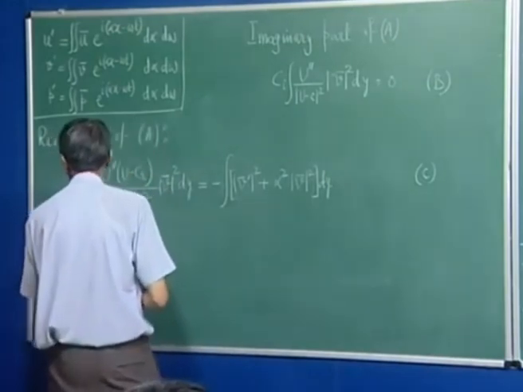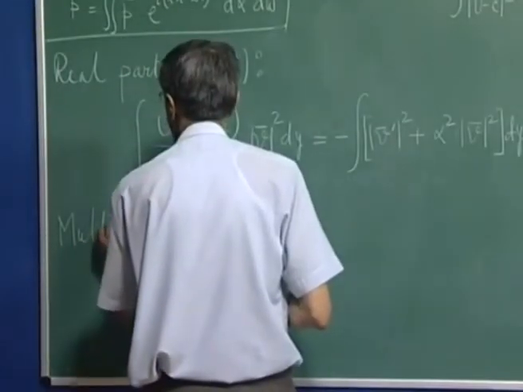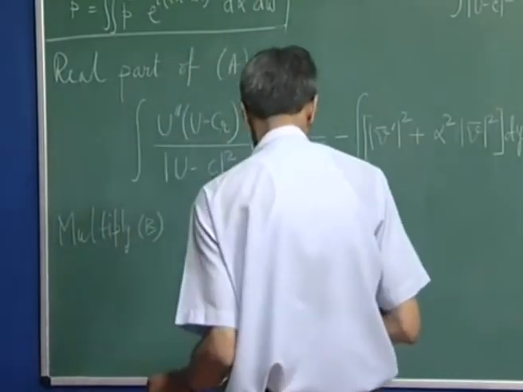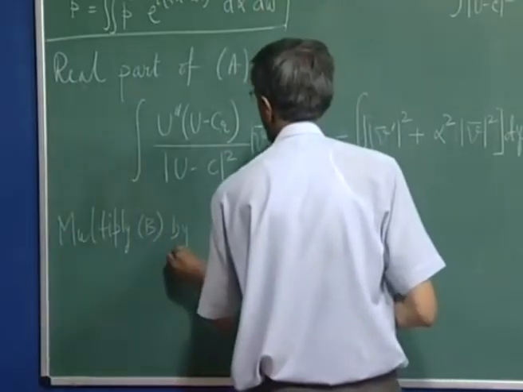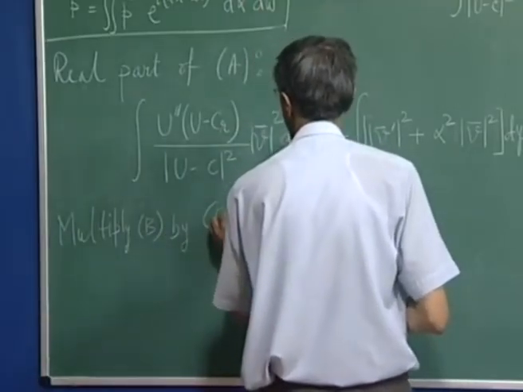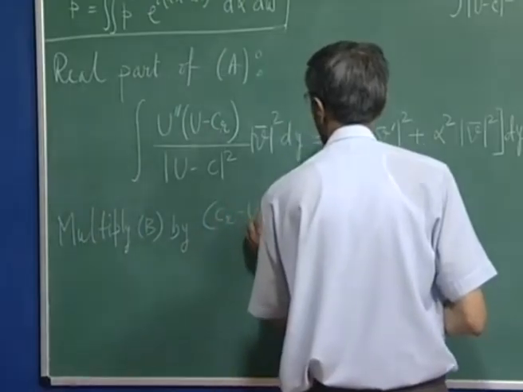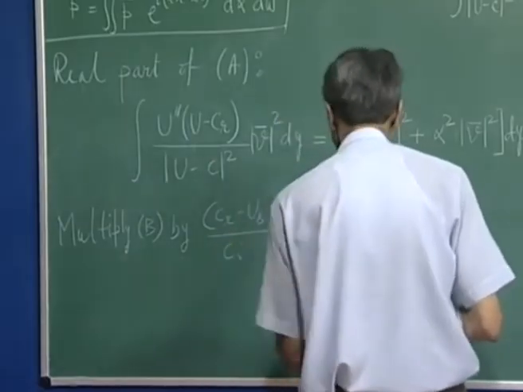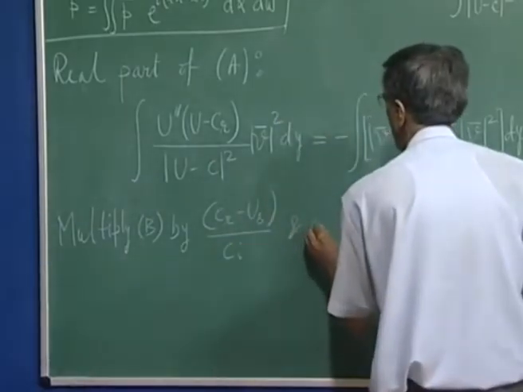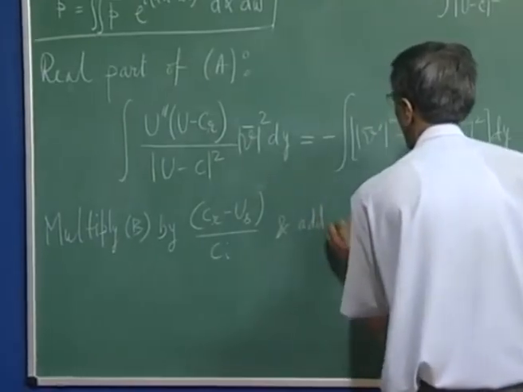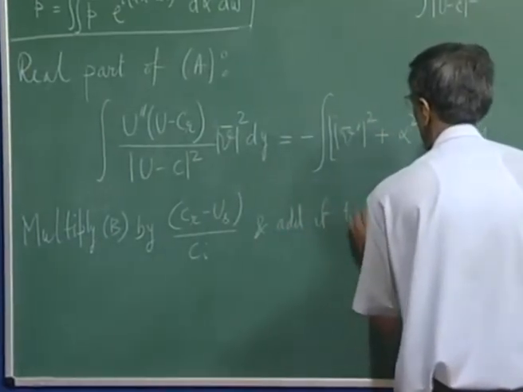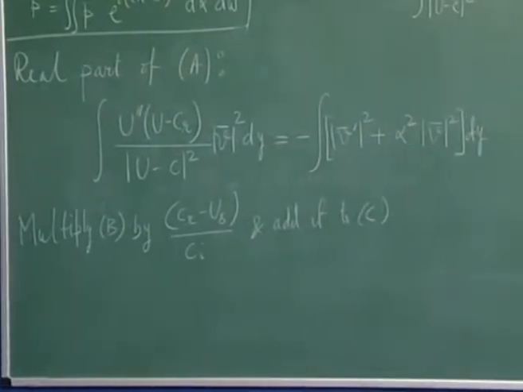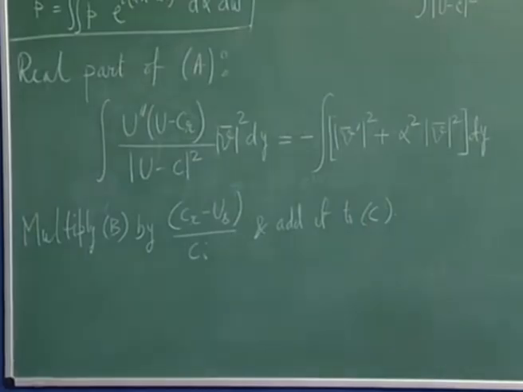We will multiply B by (c_r minus u_s) divided by c_i, and the resulting expression will be added to equation C. Okay. What we get is the following.